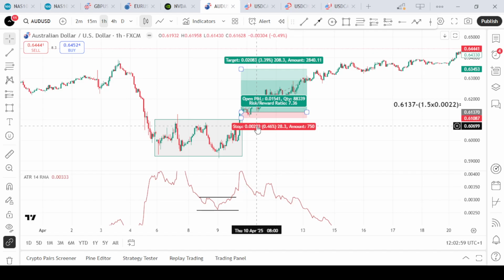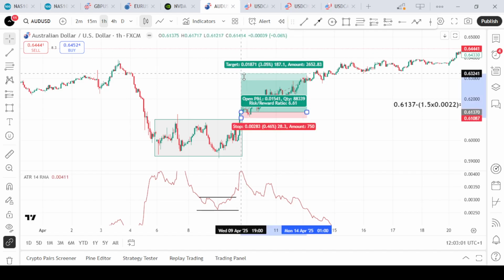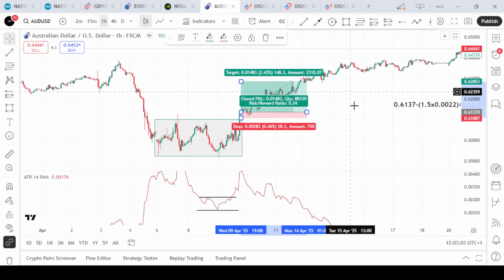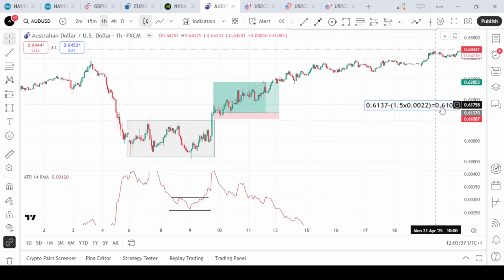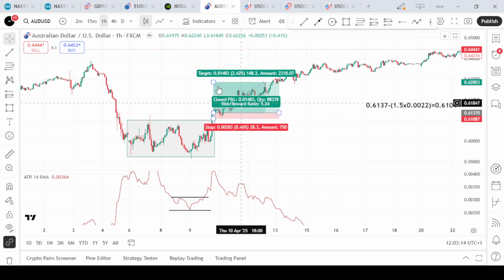That will be your first profit target, meaning whatever calculation you have gotten as your risk, you multiply it by 1.5. Whatever you get there will give us your first profit target.